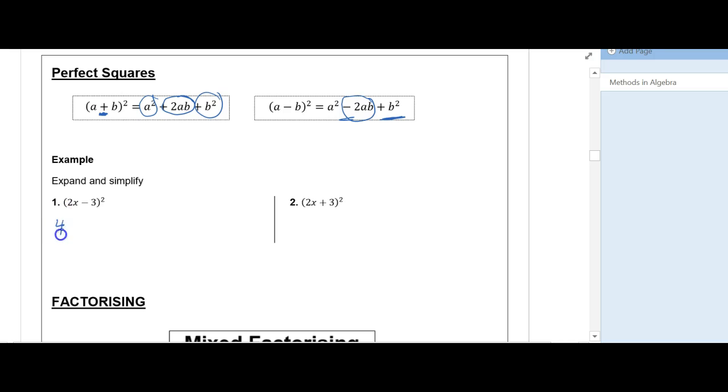So this is going to be 4x squared plus 9 at the end. 2 3s are 6, times 2 is 12x. This one's 4x squared, it's the same numbers, so it's still 12x, and it's plus 9.